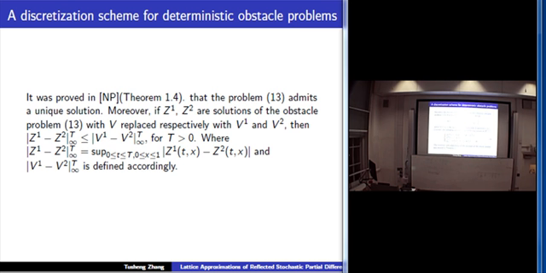I will discretize the barrier. For this given deterministic parabolic obstacle problem, the given data is a barrier. I will discretize the space variable through a discretization scheme for the barrier.